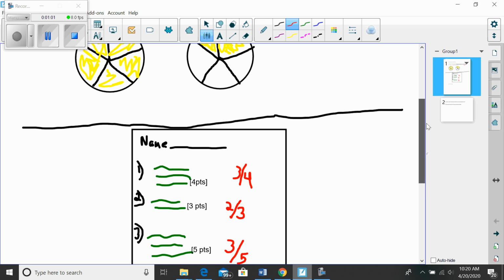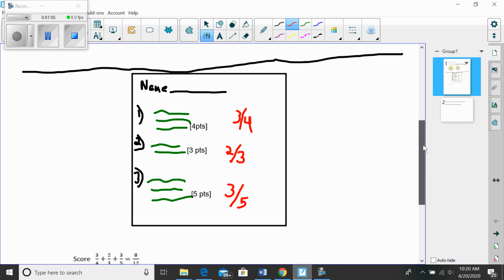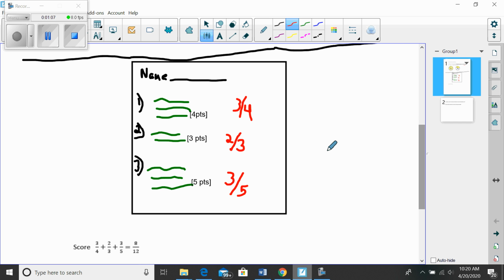The question below that I want you to think about is, suppose this is a quiz that you took. The green is you answering the question, and here's how many points each question is worth. Sometimes teachers will grade this way. They'll write the 3/4 here to signify how many points you got and how many it's out of.